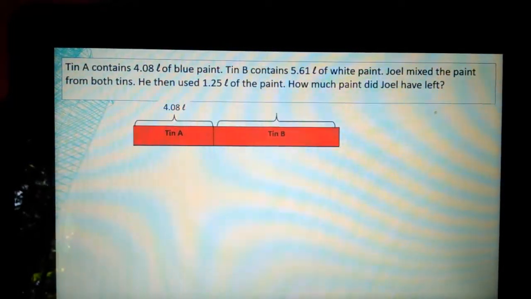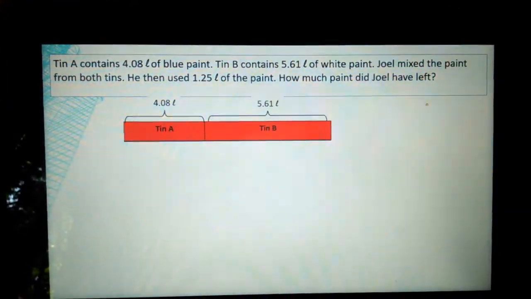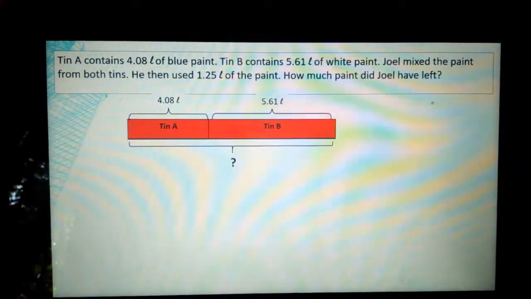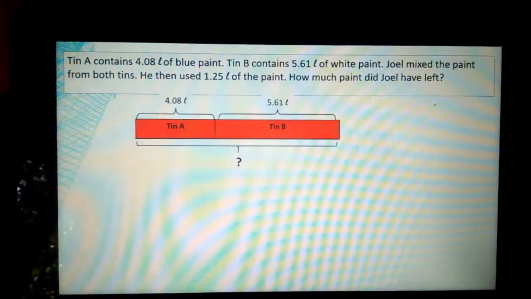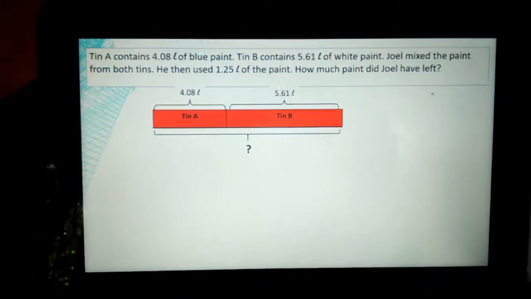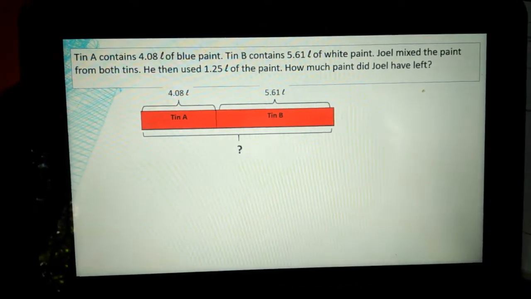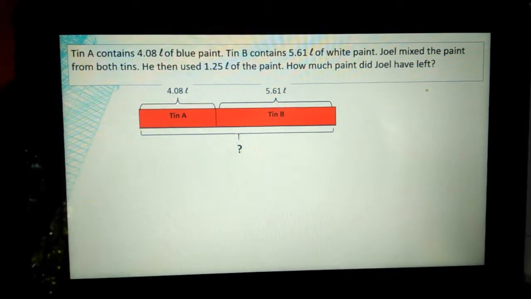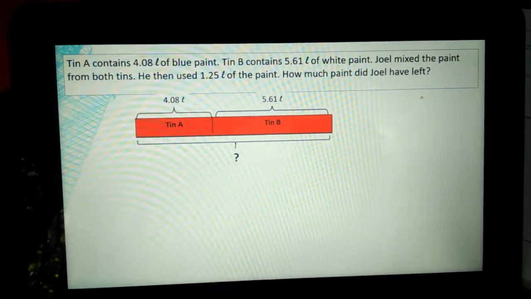Tin B contains 5.61 liters. So the question is this one. We need to find the total of Joel's paint. So is this addition, subtraction, multiplication, or division? This is the third step. What do you need to find?